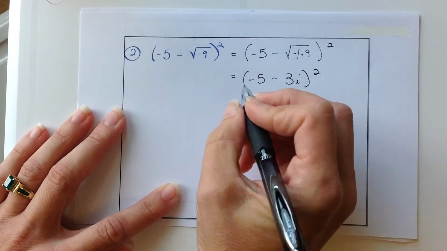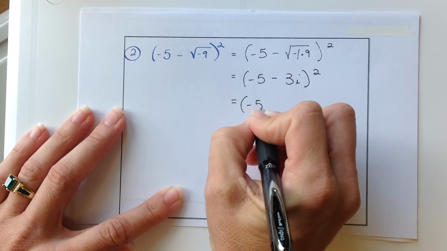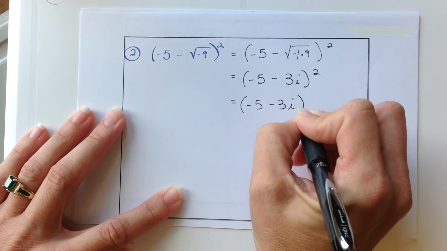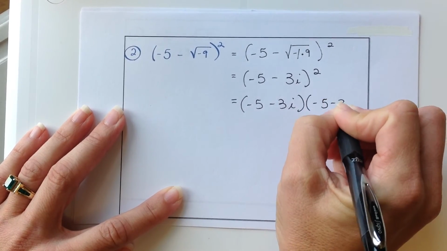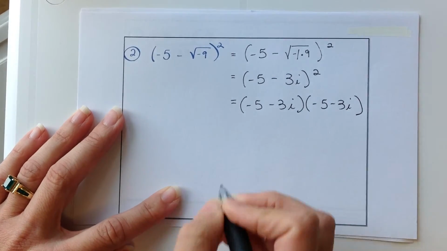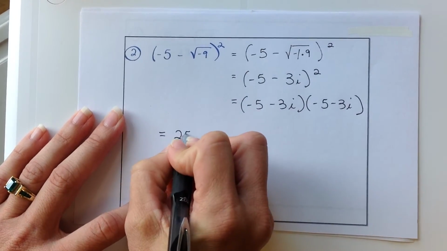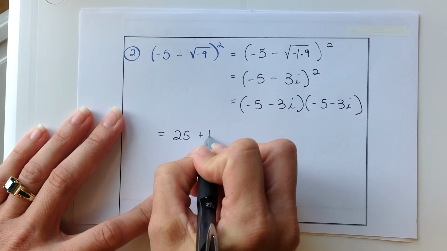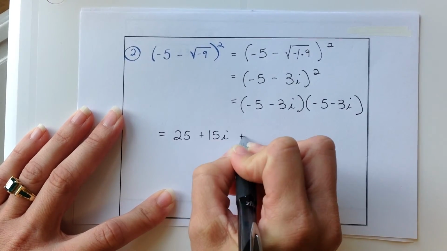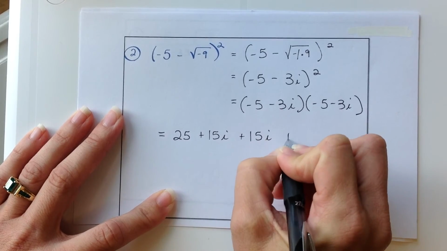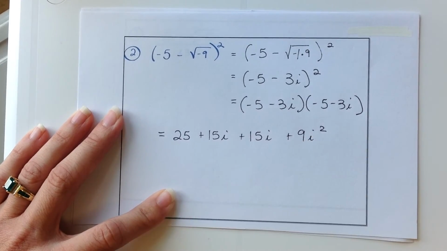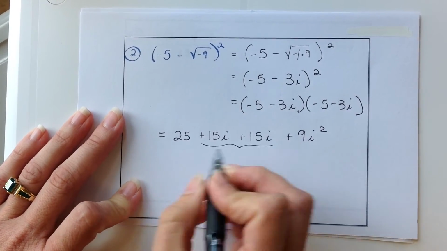Now, since this is squared, that does mean that you have 2 of those. So you can write that down twice, and you're going to FOIL it out. So we've already done that a few other times. So 25 plus 15i plus 15i plus 9i squared. Okay, we can combine the two terms in the middle.